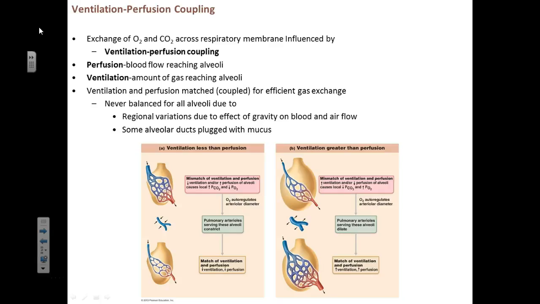The perfusion of the alveoli and ventilation of certain areas of the lungs are linked to each other by a so-called perfusion-ventilation coupling, which can be explained in a very easy manner. Now, the major function of the blood is to do what?